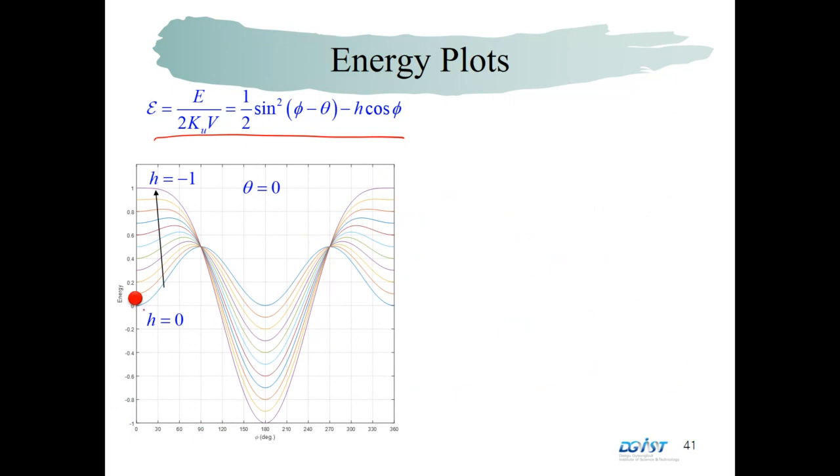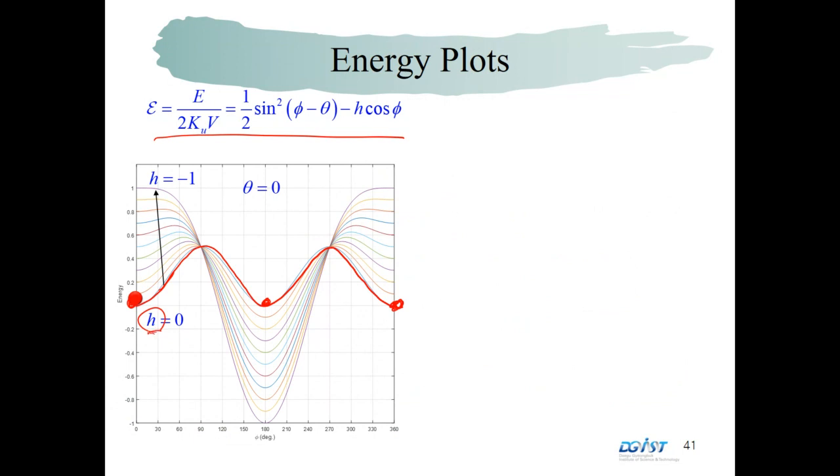When H is zero, this energy profile implies that this point is very stable. So there are stable points here, or here, or here. Actually, this is the same angle as here.